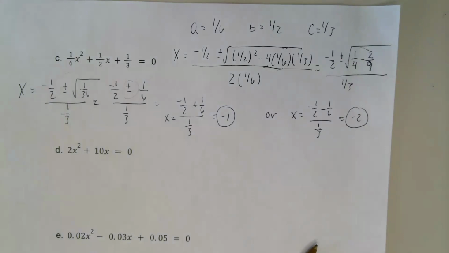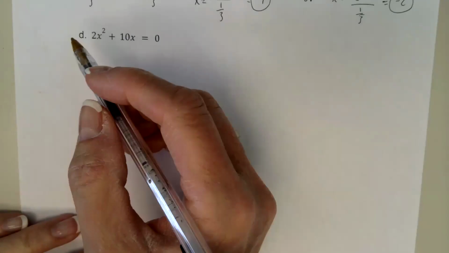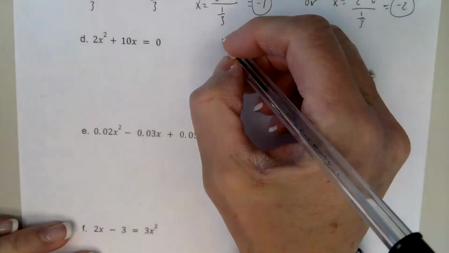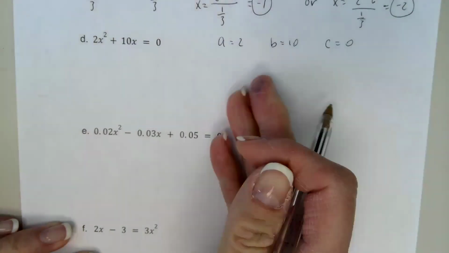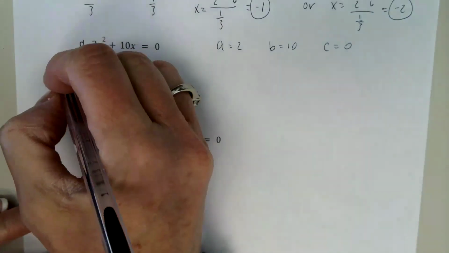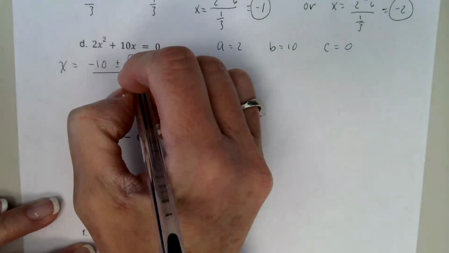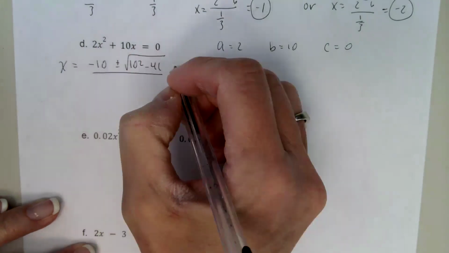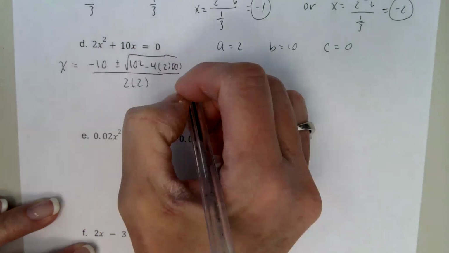So let's look at letter D. On letter D, we have a equals 2, b equals 10, and c equals 0. There is no constant, so we still have to use 0 as c. So x is equal to the opposite of b plus or minus the square root of b squared minus 4 times a times c over 2a.